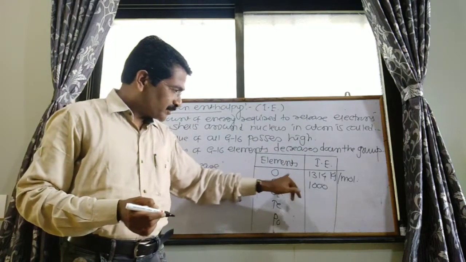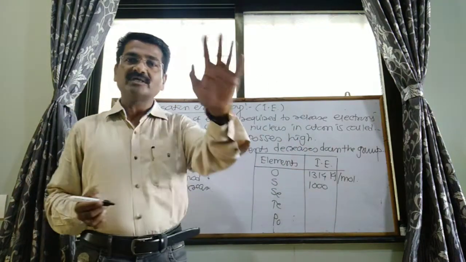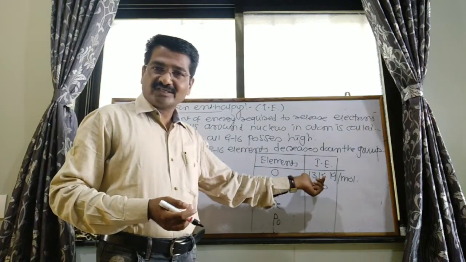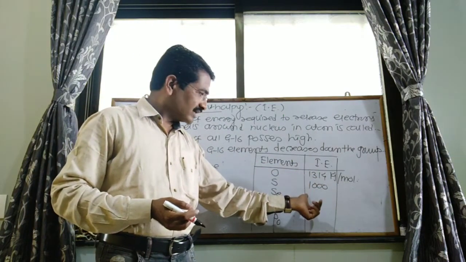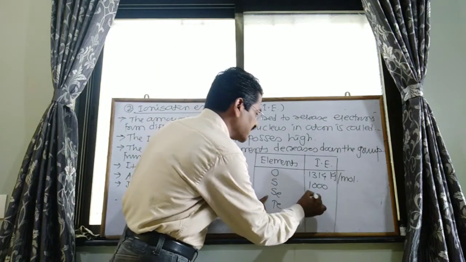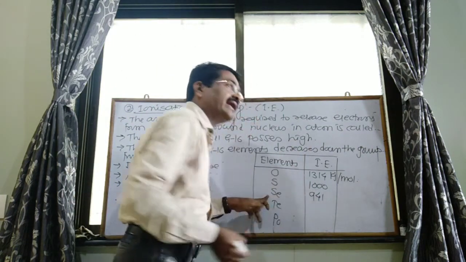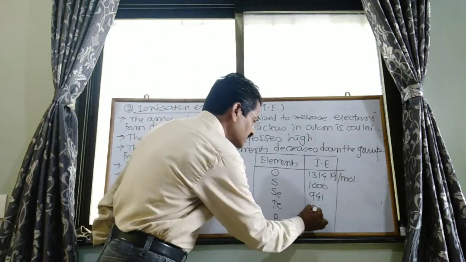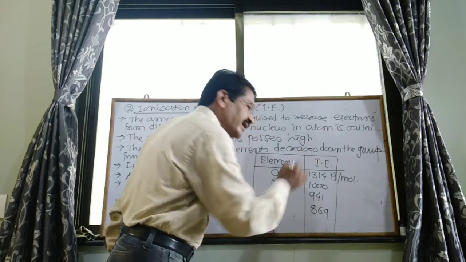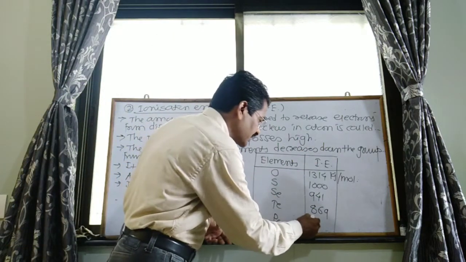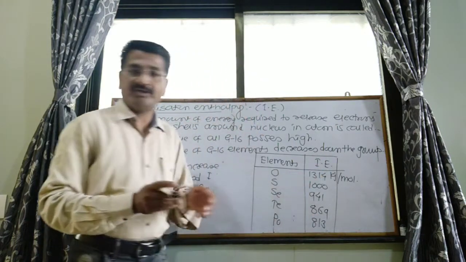The ionization enthalpy of sulfur is less than that of oxygen. Oxygen has 1314, but sulfur has 1000. Then ionization enthalpy of selenium is 941, then 869 for tellurium, and last 813 for polonium.